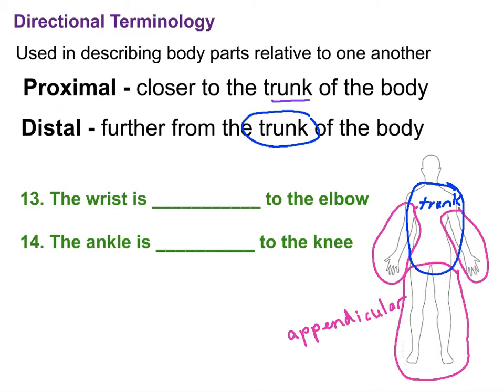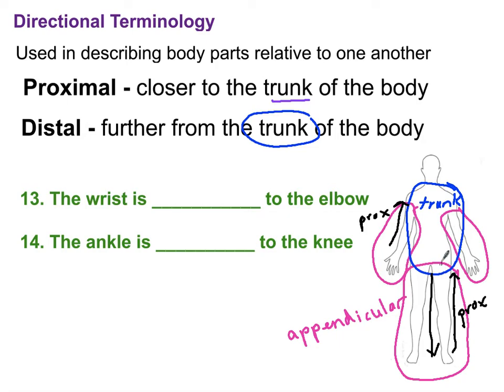So proximal means that something is closer to the trunk of the body. On the arm, it would be pointing up towards the shoulder joint. On the leg, it would be pointing up towards the hip joint. Distal is if something is further away from the trunk of the body.